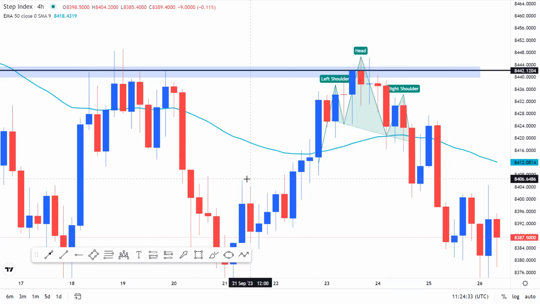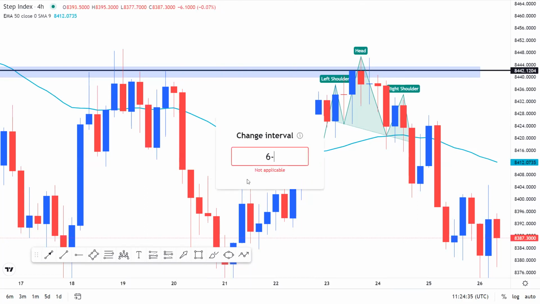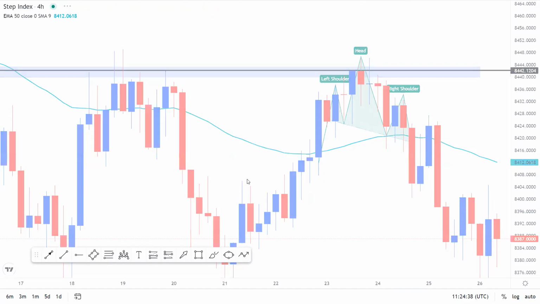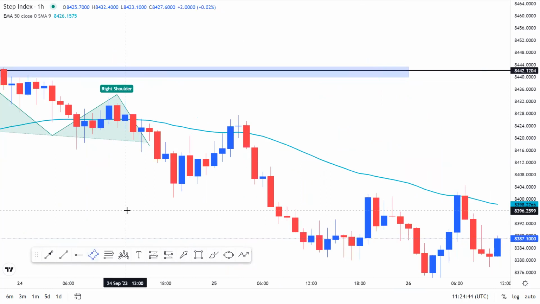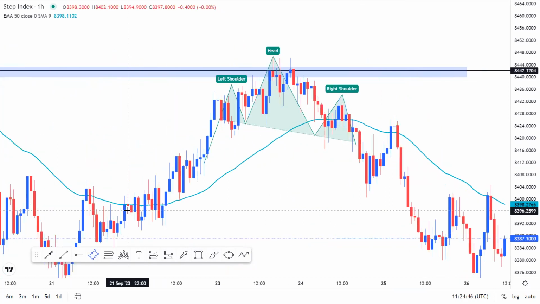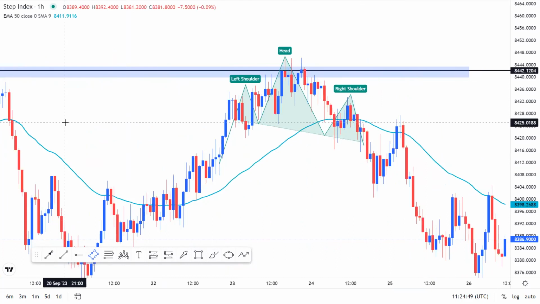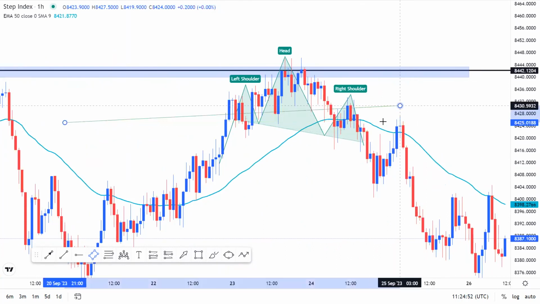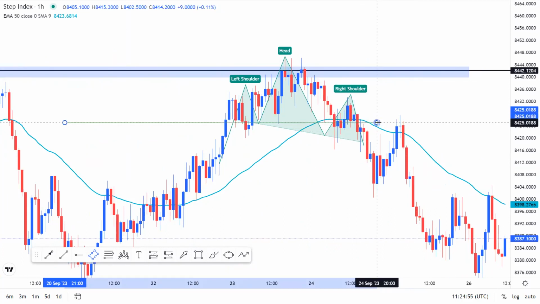And what I noticed was, from the 1-hourly time frame, price had traded nicely into a 1-hourly structured level, where we had the potential right shoulder.